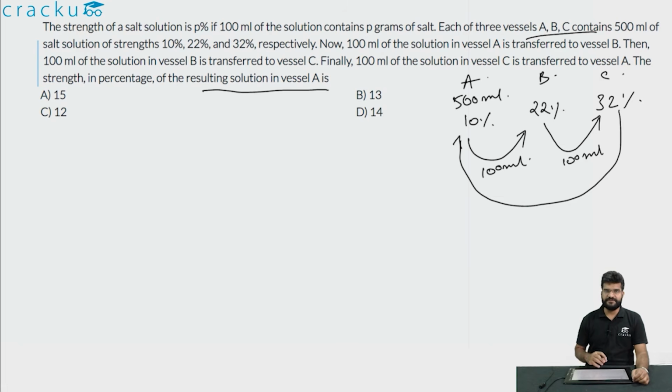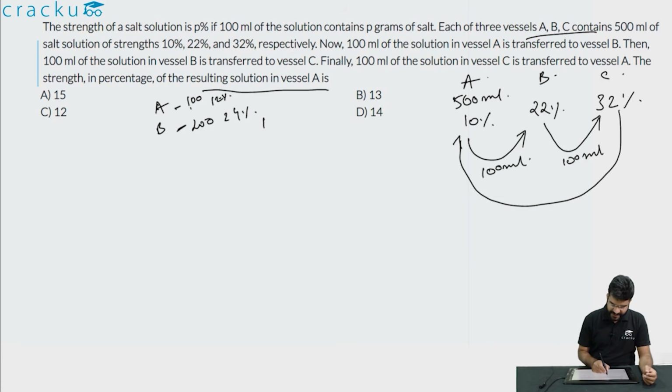So to solve this kind of questions, there is a very simple formula that you should know. That is, if there are two solutions A and B, say the volume of both of them is 100 and 200, and the solution strength of A is 12% and of B is 24%, to combine and get the solution strength of the resultant, we have to multiply the volume with the strength and divide by the total volume.